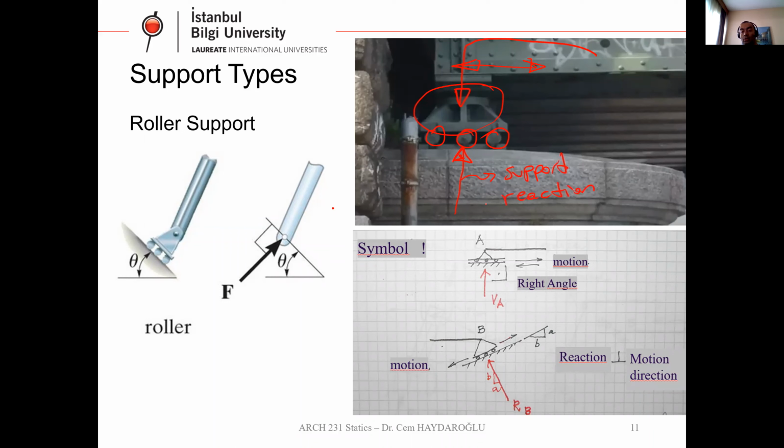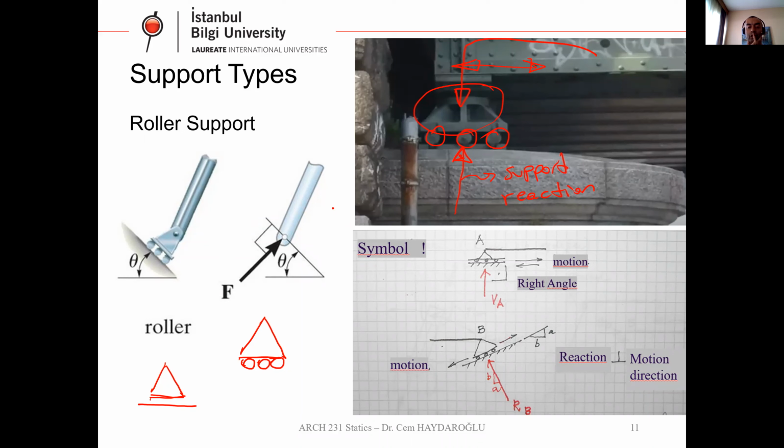If we have an inclined surface, by the way, the support reaction in roller supports is always perpendicular to the motion direction. So in the lateral position, as you can see here, this is my system.